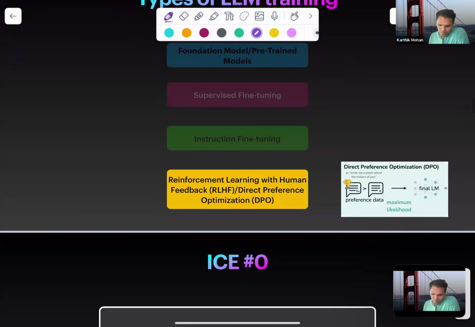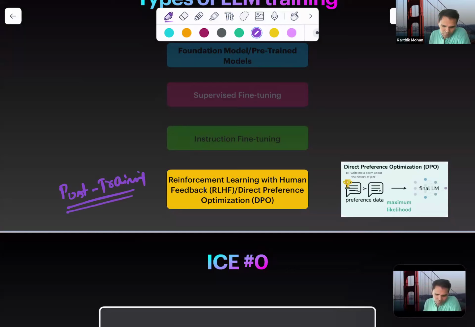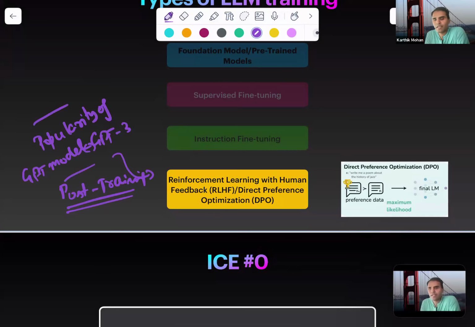Reinforcement learning with human feedback is another component of post-training. For the GPT models, like GPT-3, it became very popular because of RLHF. This was a differentiating factor. People didn't have this idea of reinforcement learning with human feedback before GPT-3.